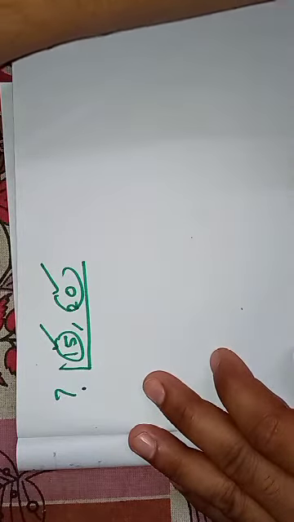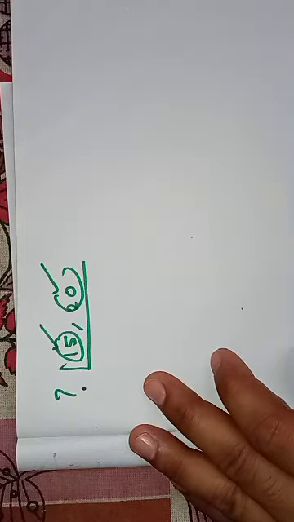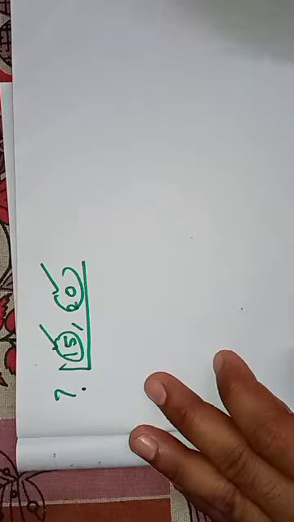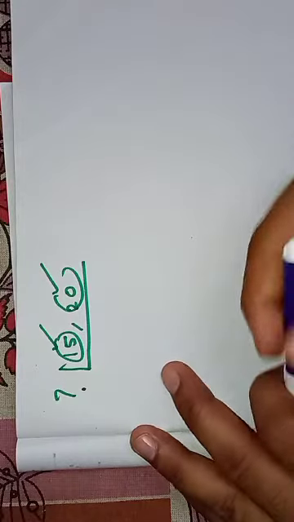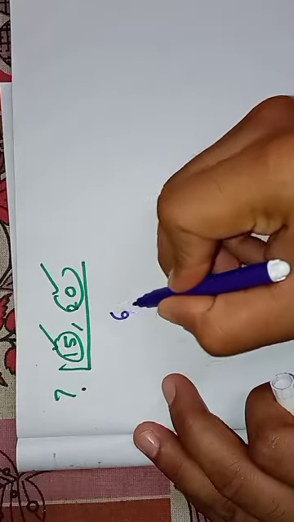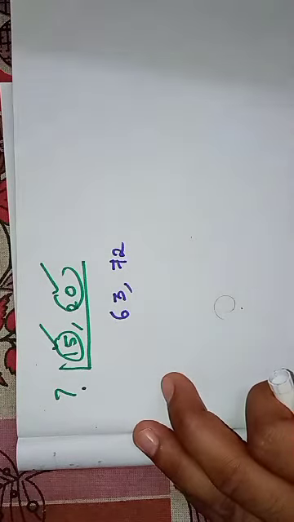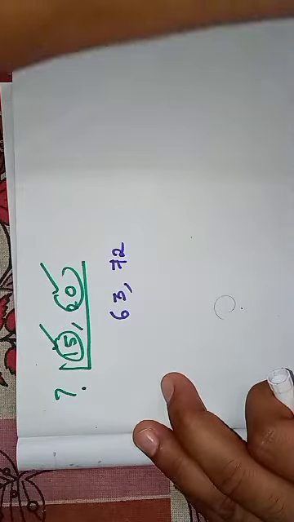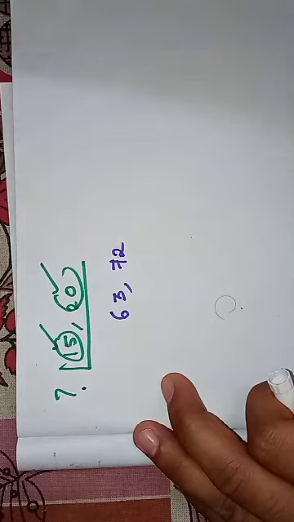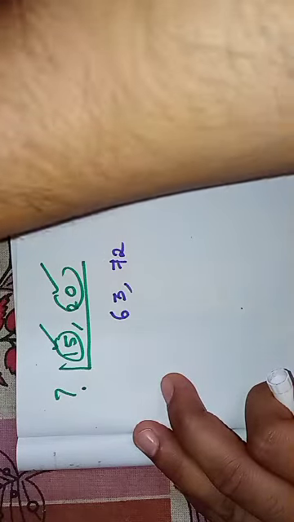For example, 63 and 72. If you are asked to calculate the LCM of 63 and 72, or similarly, you are asked to calculate the LCM of two numbers which you don't know the table of.